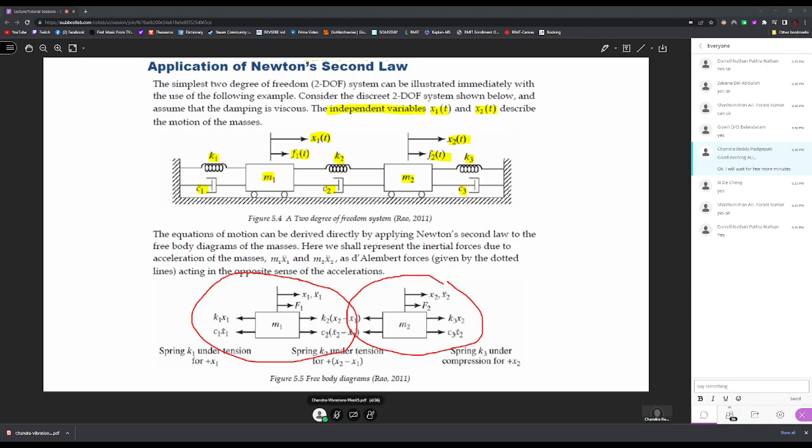We apply Newton's law, where the net force acting on the system we equate with the mass times acceleration. What is the force acting on the mass M1 and what are the counteracting forces? We make the sum of the forces acting on the system zero, and then we can derive the equation of motion for mass 1. Similarly, we can do the same thing for mass 2.